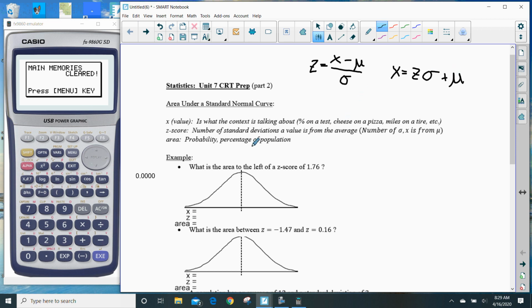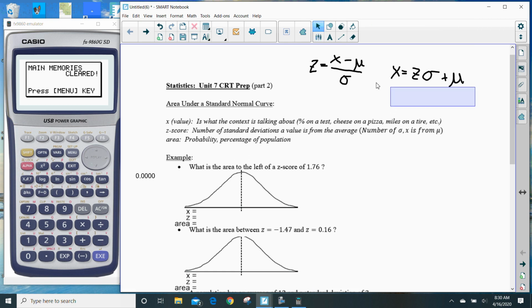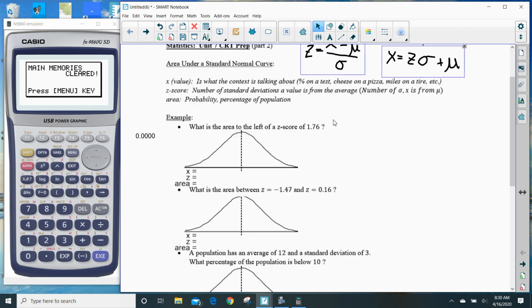All right. What we are going to be talking about in this lesson is more focused on what we do with this information. What we are going to be learning is area under a normal distribution curve. Assuming all of this information is quote unquote normal, that means the average bumps up in the middle and everything trails away from it.